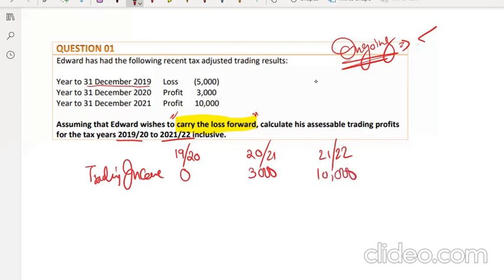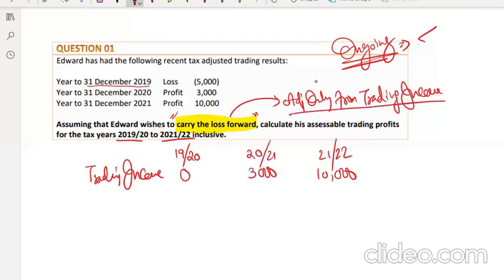Now, the first relief is known as carry forward relief. Remember one thing, the carry forward relief is adjusted only from which income? Trading income.